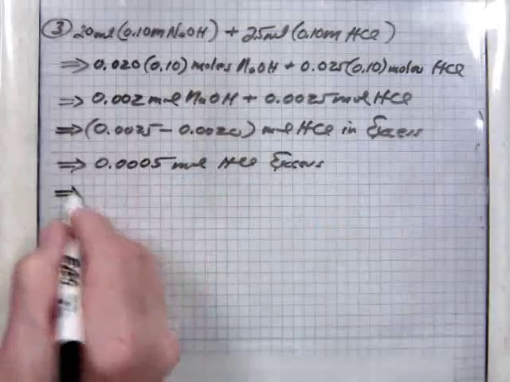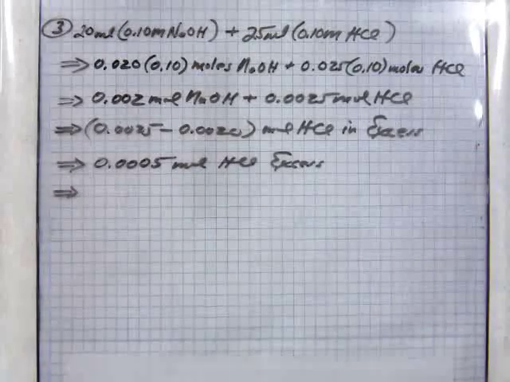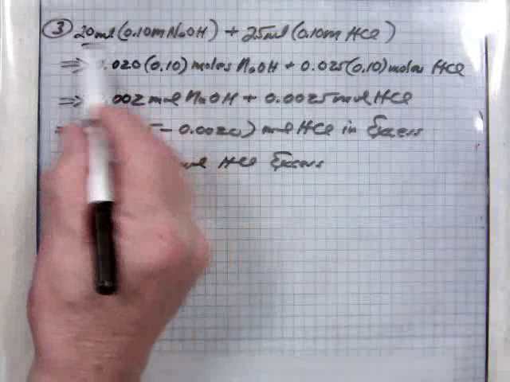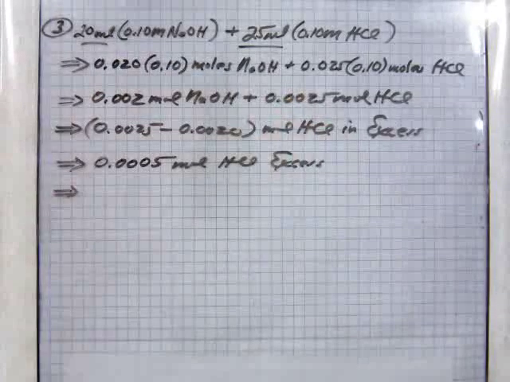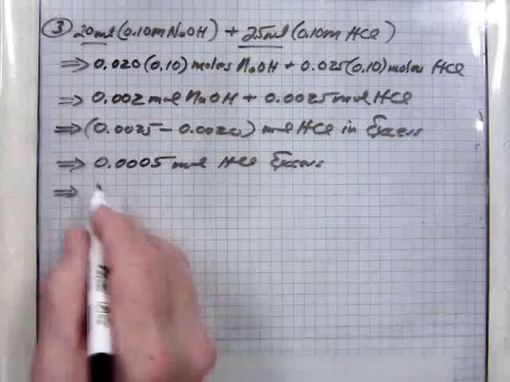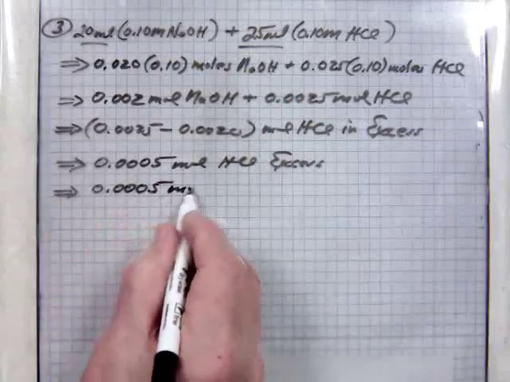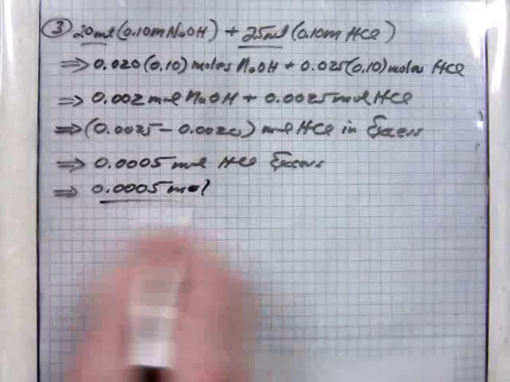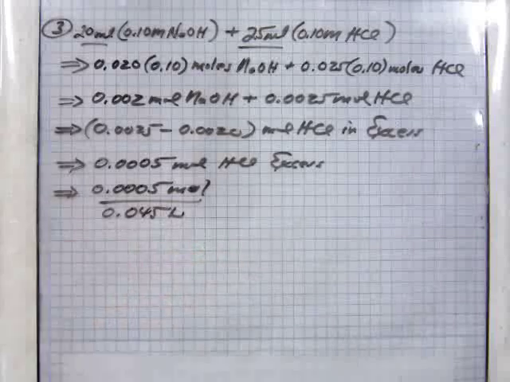And from this, we want to convert it to concentration terms. So we've mixed 20 and 25, so that gives us a total solution now of 45 milliliters. So that is 0.0005 mole of HCl in 0.045 liters of solution.